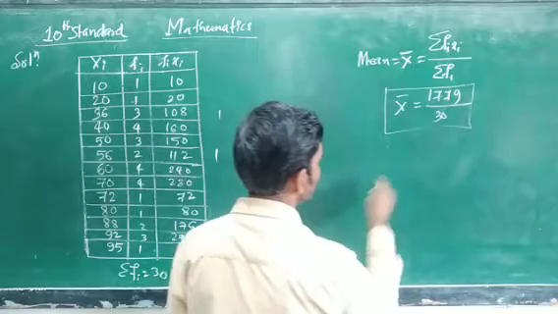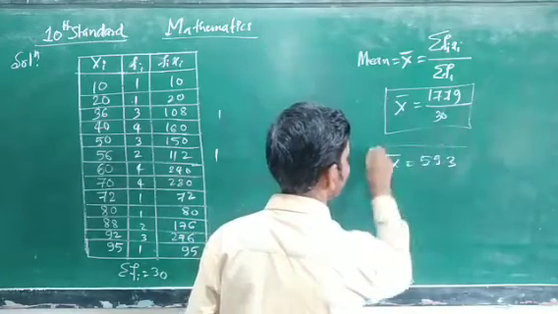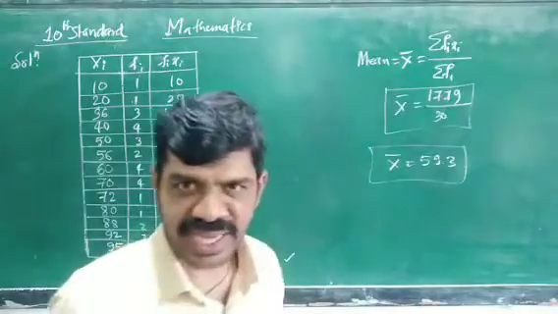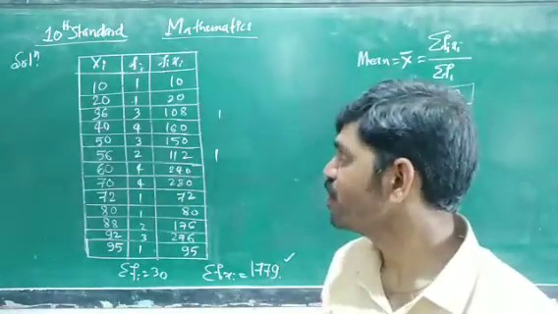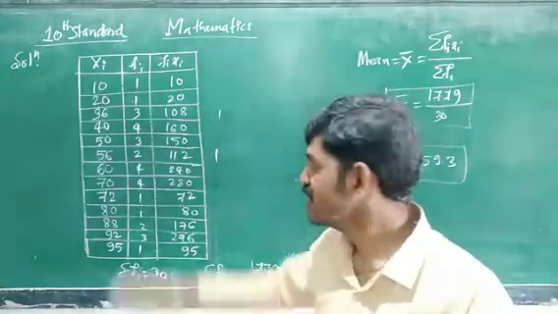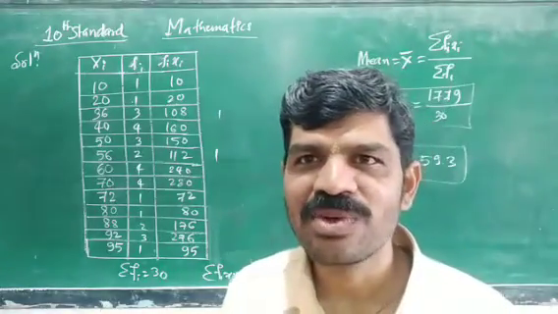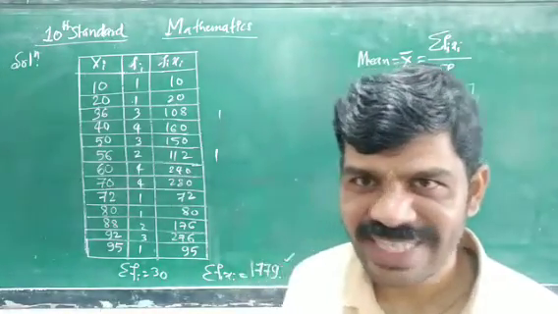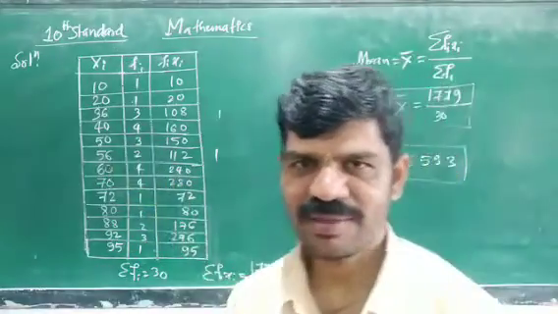So x bar is equal to 59.3. 59.3 is the mean for this grouped data. So it looks very simple. The addition part is somewhat time taking. You do that addition very neatly. If we miss any counting, then the answer will be missed.